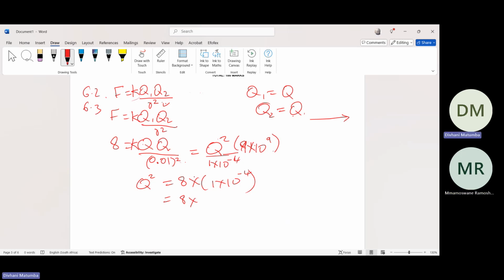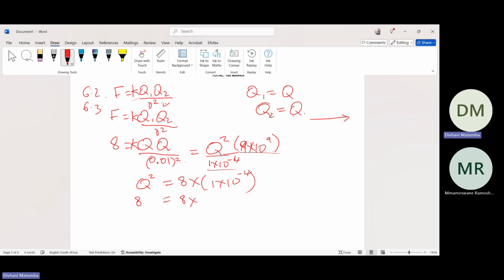Okay, so what do we get if you divide that by that? You're going to get 9 times 10 to the power 13.